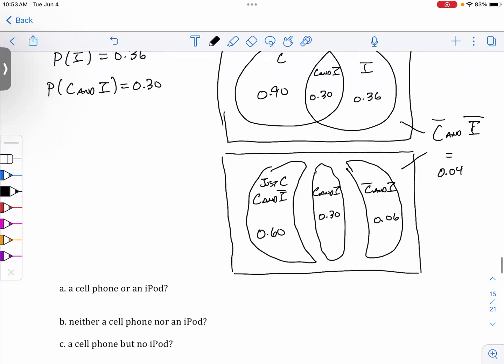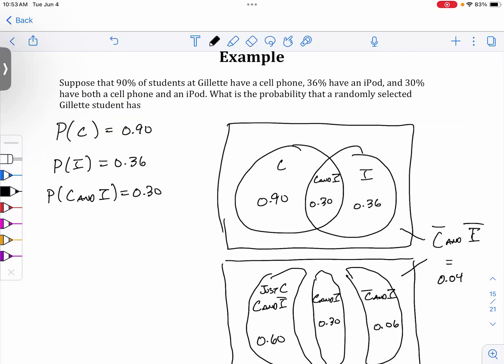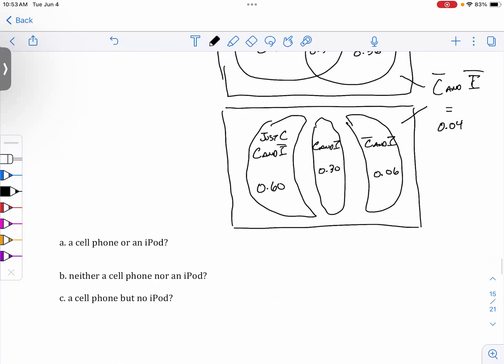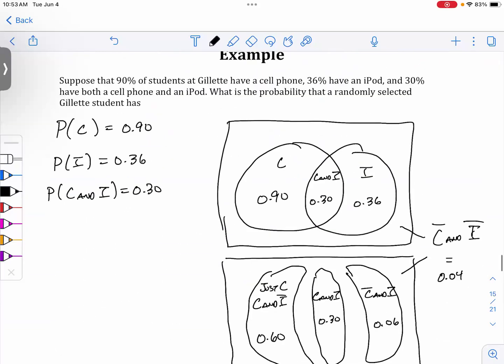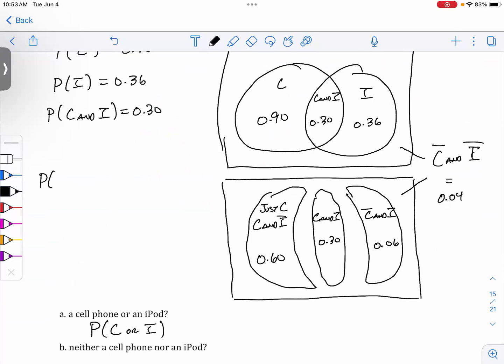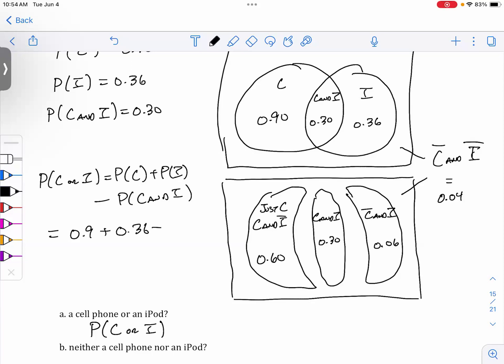Now watch. We were looking for, what is the probability a Gillette student has a cell phone or an iPod? Probability C or I? Well, I can use this formula above. Probability C or I equals probability of C plus probability of I minus the probability of C and I. That's the general addition rule from above, which gets me 0.9 plus 0.36 minus 0.30, which equals 0.96.